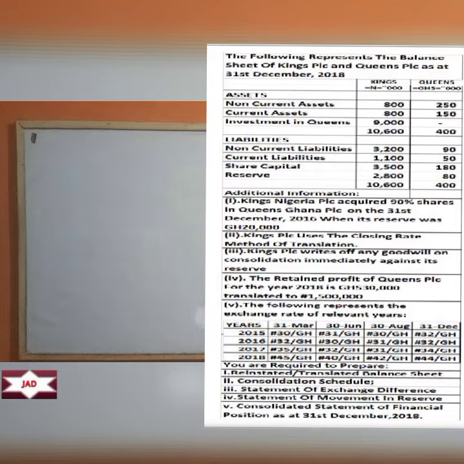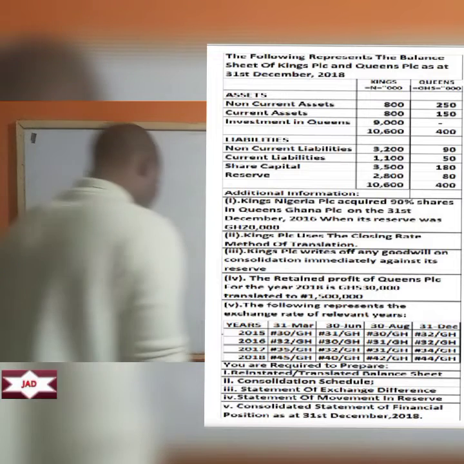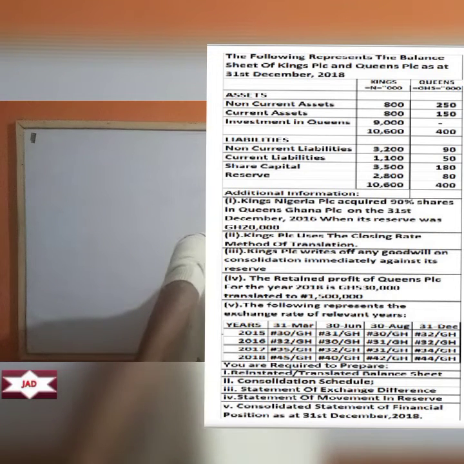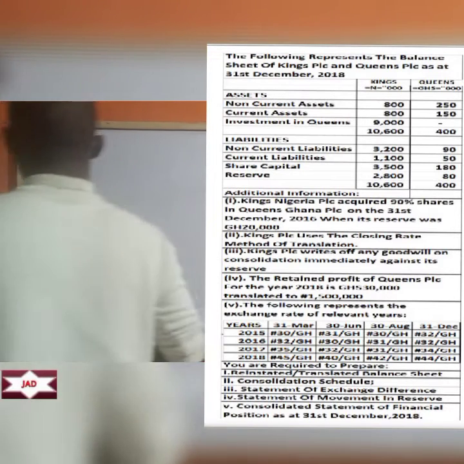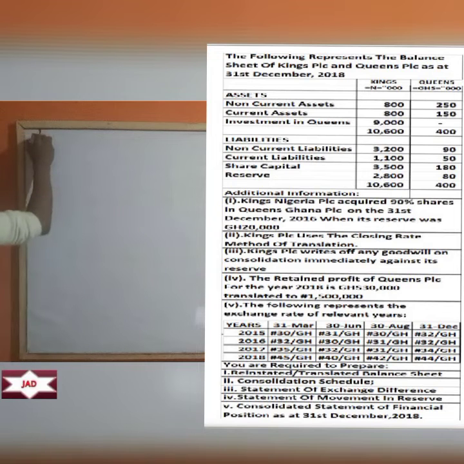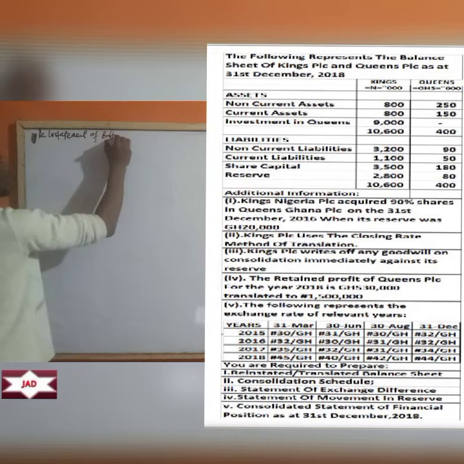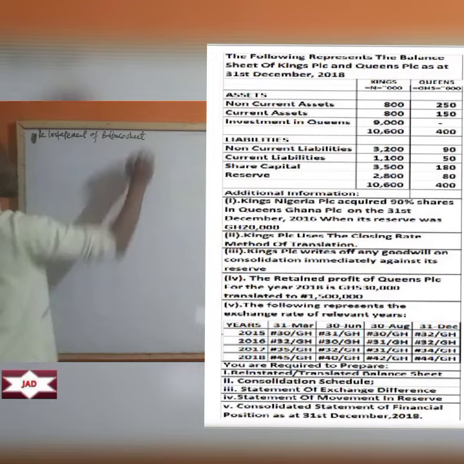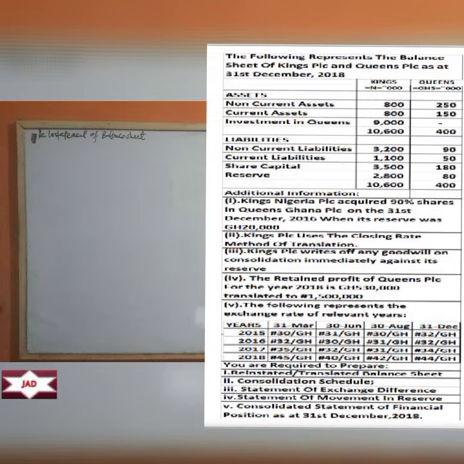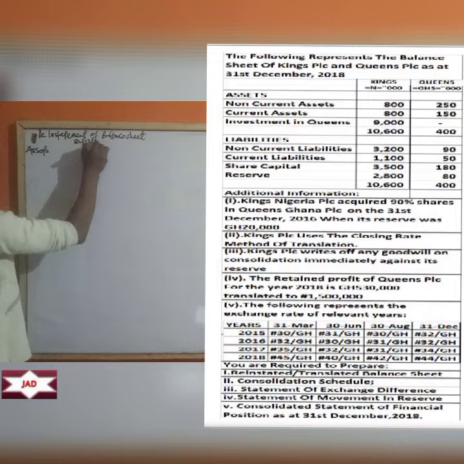Okay, so this is just something that we should quickly play with. The first thing there, we have restatement of the balance sheet. We're going to have assets, because it's 31st December 2018. So what are the assets there?